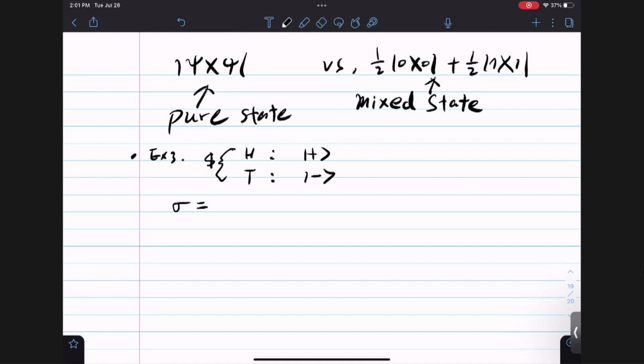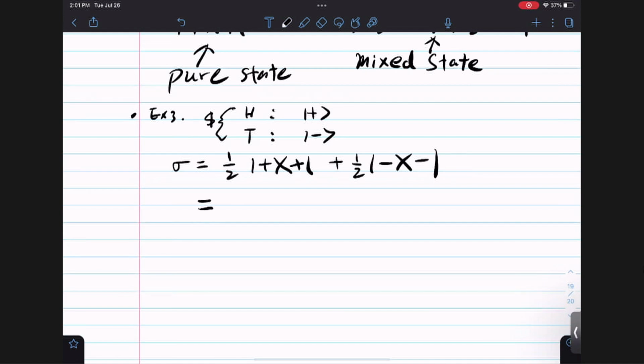So let me start the first step. We know it's going to be a mixture of plus and minus. So what is each individual outer product? Anybody?